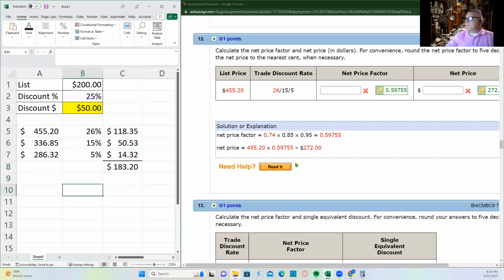All right, so if we do this correct, our price is going to be $272. Okay, so all these steps is what we're achieving by doing this little bit right here.